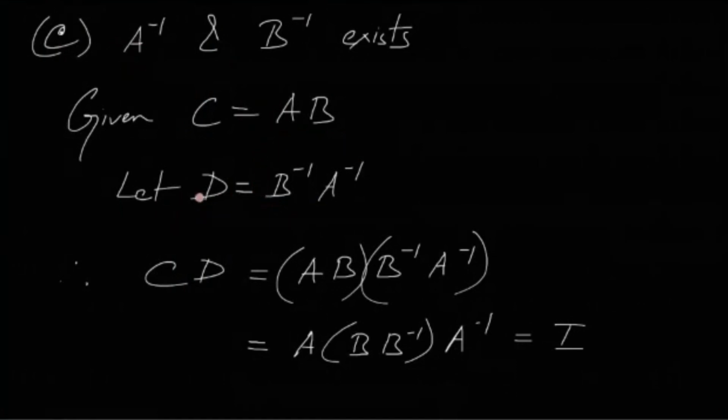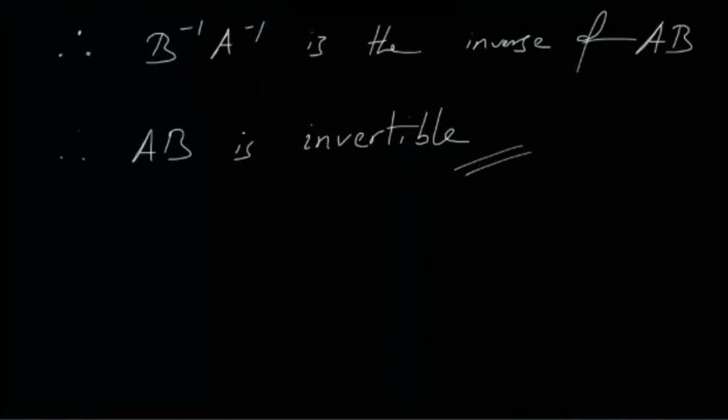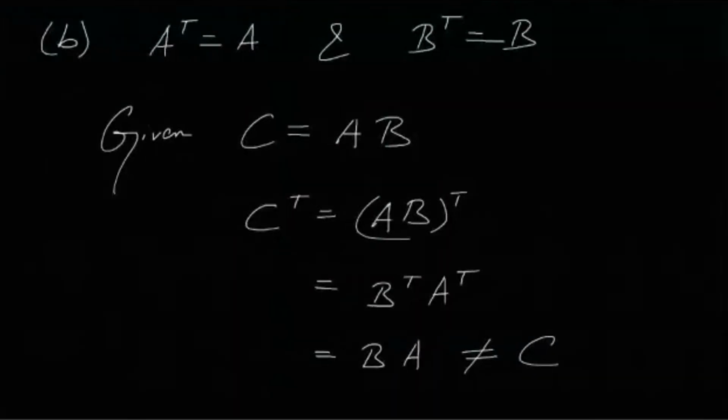So C into D is AB into B inverse into A inverse, which is nothing but I, because B into B inverse becomes I, and then A into A inverse becomes I. So C into D equals I. Therefore, D is the inverse of C. That means B inverse into A inverse is the inverse of AB. So AB is invertible. Option C is true. Very easy problem.